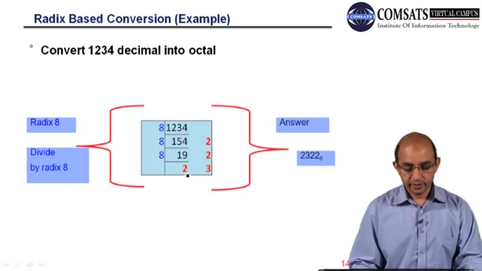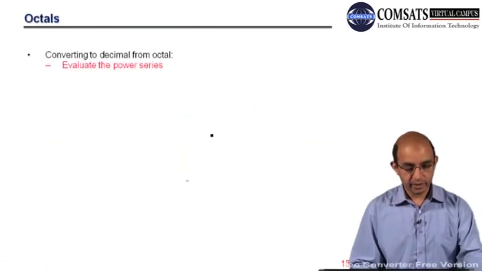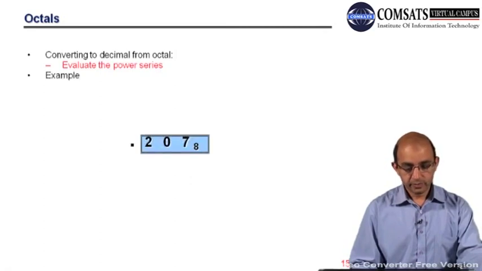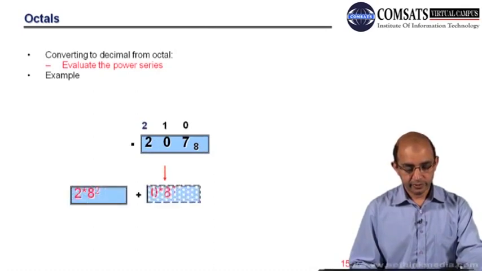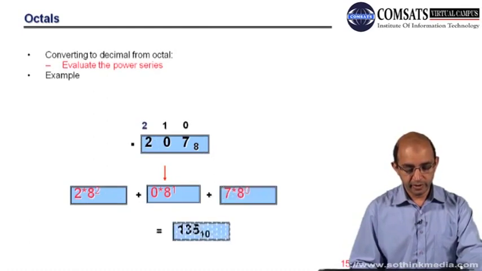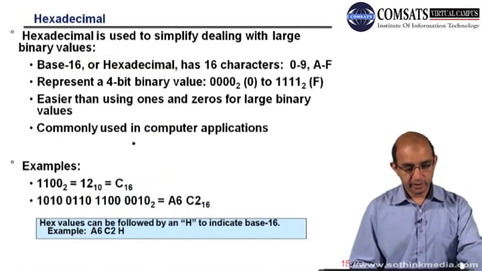So we are left with 2322, most significant digit, and this is the least significant digit. Octal number. Here we have almost the same mechanism, but we have included this in animation.